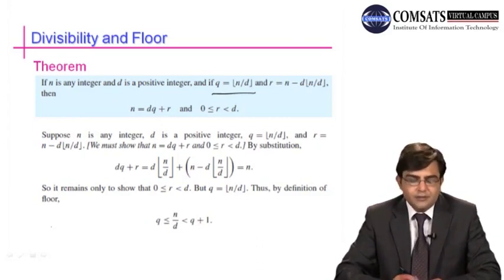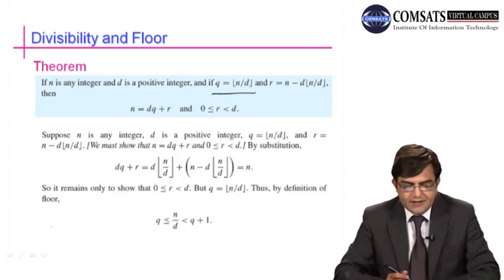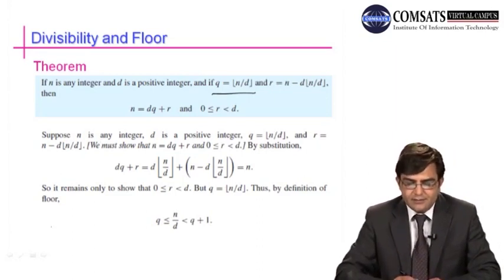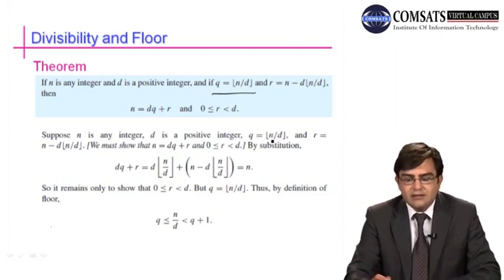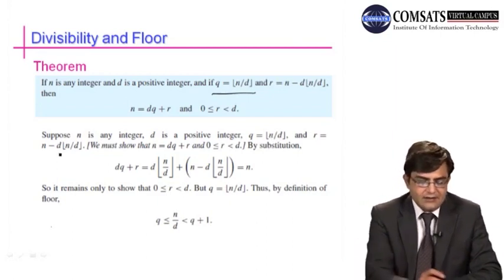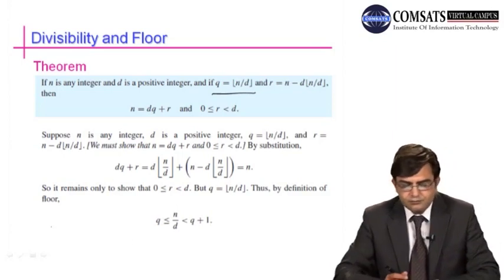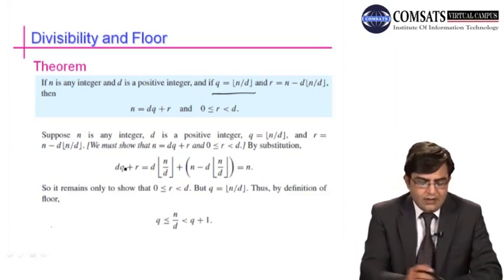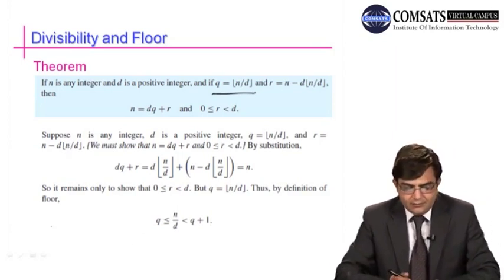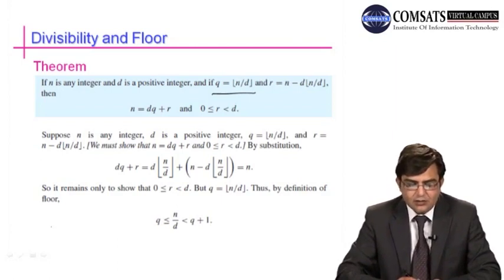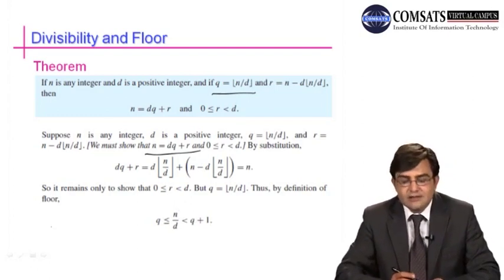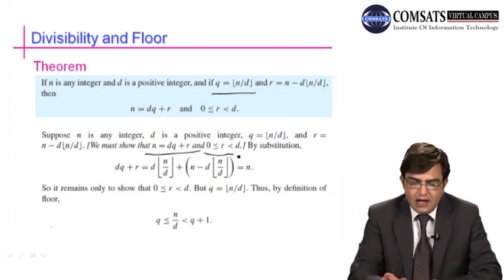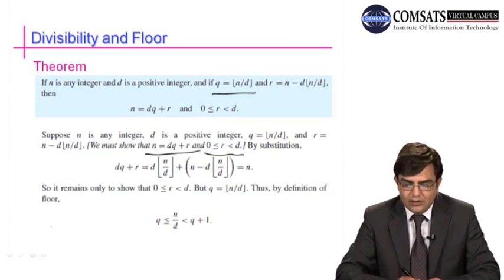Now we prove the theorem. Suppose n is an integer and d is a positive integer. q is the floor of n by d, and r is n minus d times the floor of n by d. Then we must show that n can be written as dq plus r, and r satisfies this inequality.